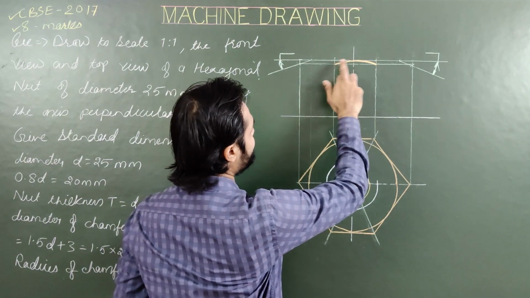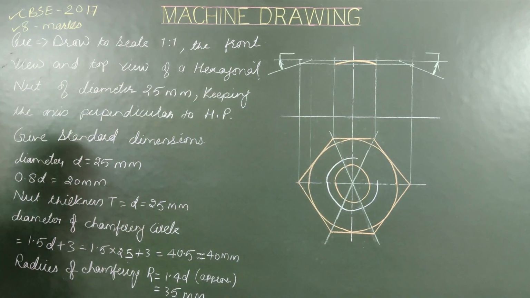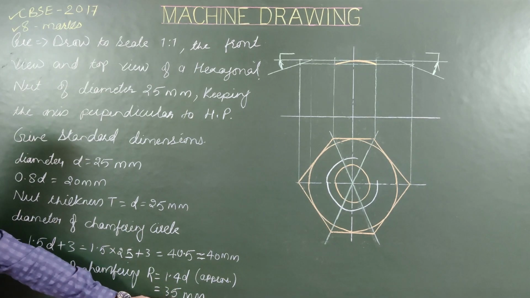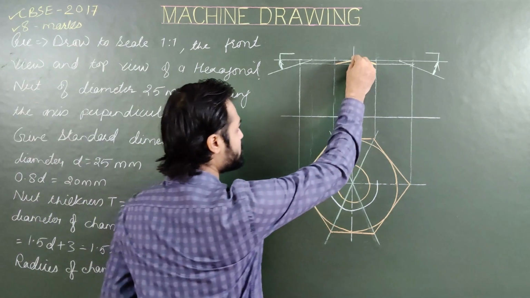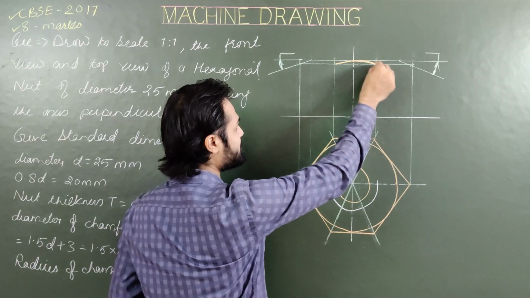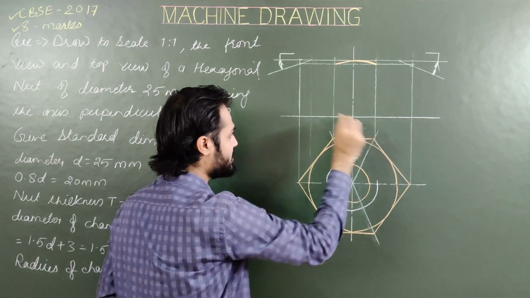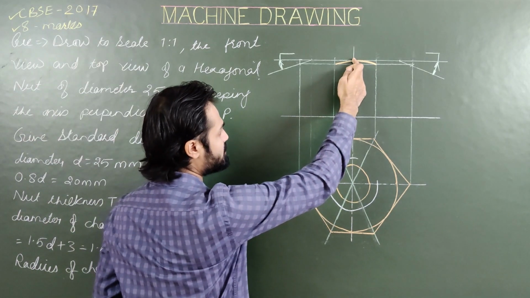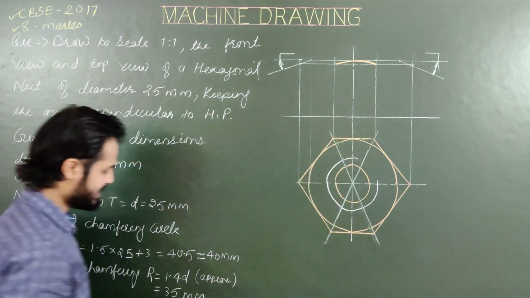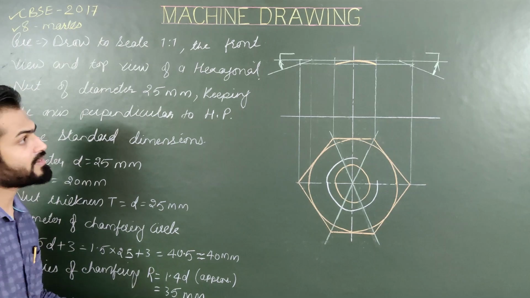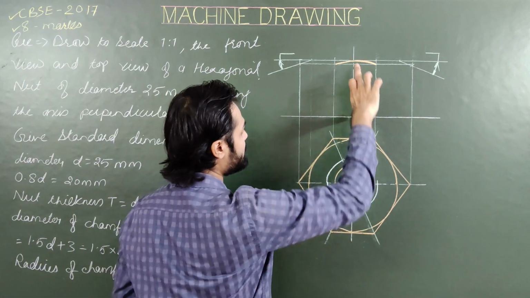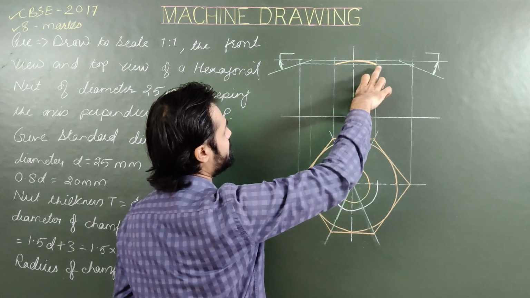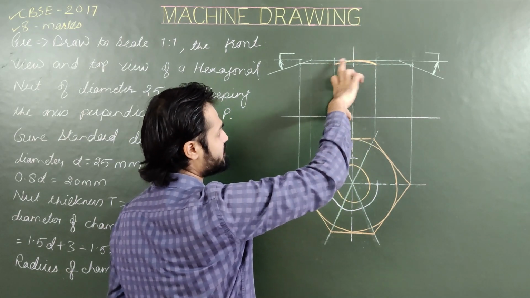So for this arc, the approximate radius is 1.40, 35 mm. So from this point, mark the center of this arc at a distance of 35 mm from this end, and from that point, draw this arc with radius 35.